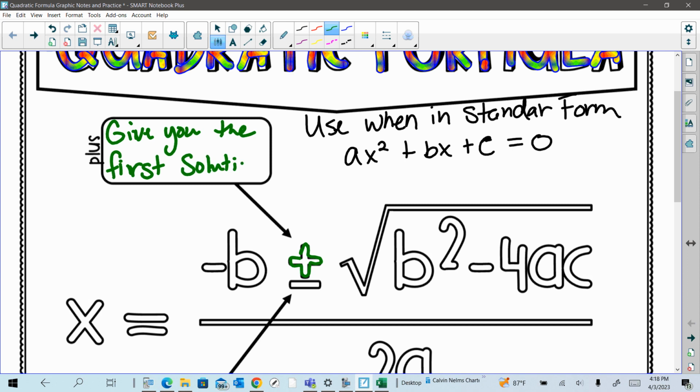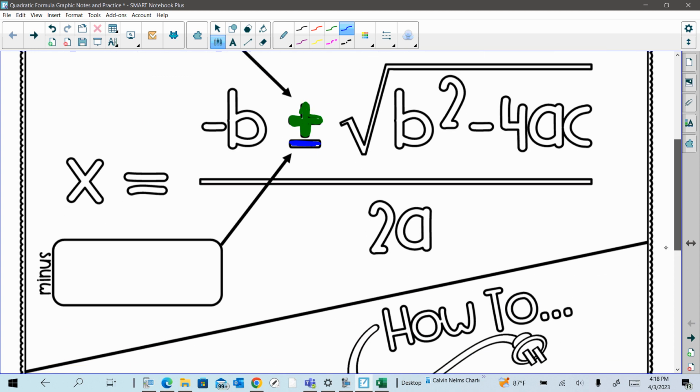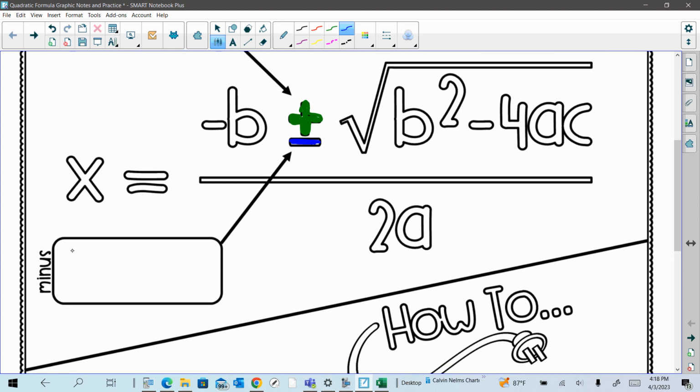Because there's a plus and minus, that means there are going to be two solutions. So first we're going to do one with a plus sign in between these two expressions, and then we're going to do one with a minus sign. And so down here, the minus gives you the second solution.